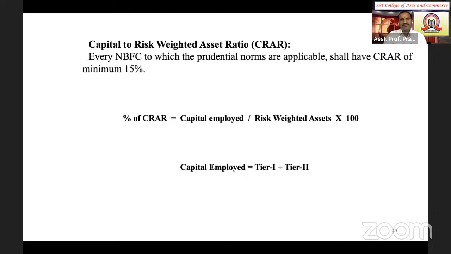Then how to calculate the capital to risk weighted asset ratio. For every non-banking financial company, prudential norms are applicable, minimum 15%. So there is a formula for calculating the capital to risk asset ratio.